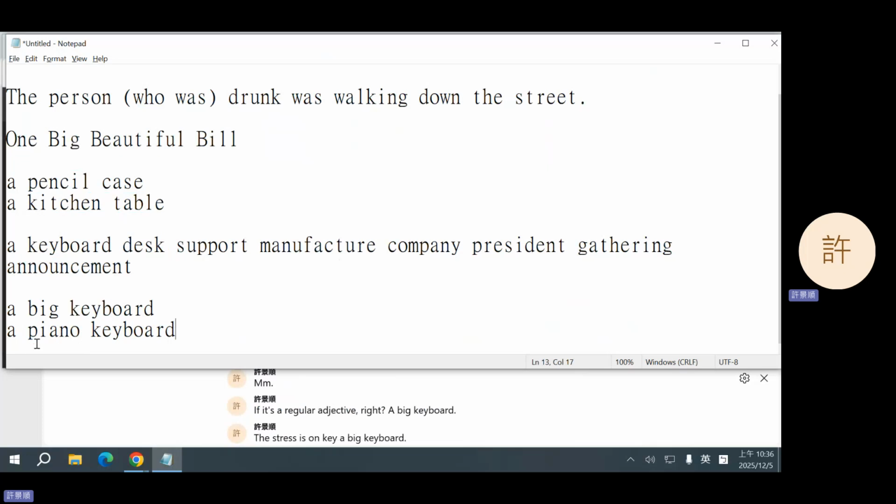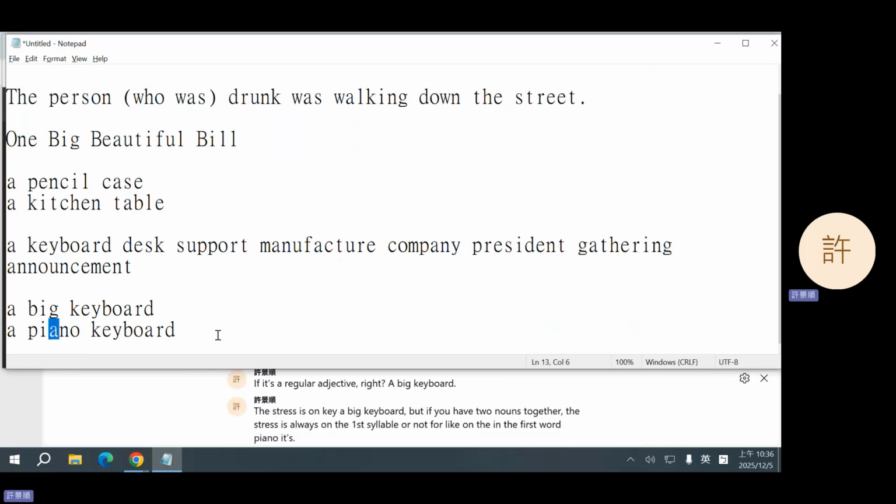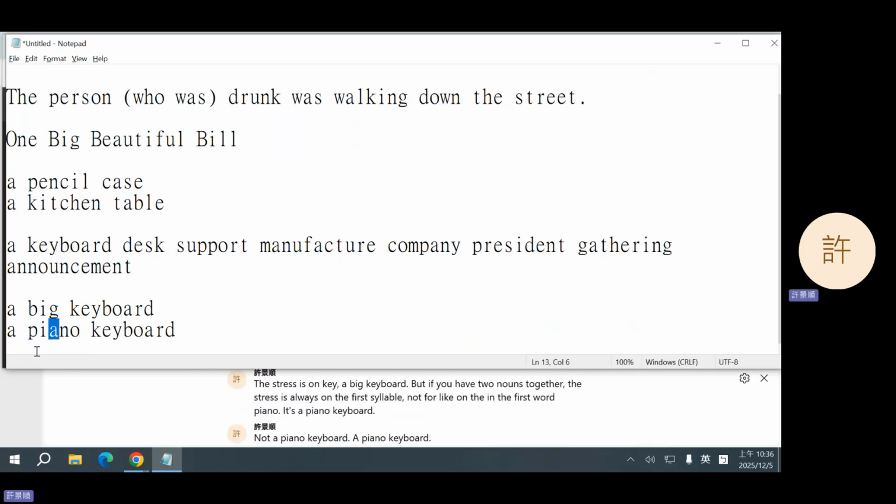But if you have 2 nouns together, the stress is always on the first syllable. Not for like in the first word. Piano, it's a piano keyboard, not a piano keyboard, a piano keyboard. The stress is always in the first word.